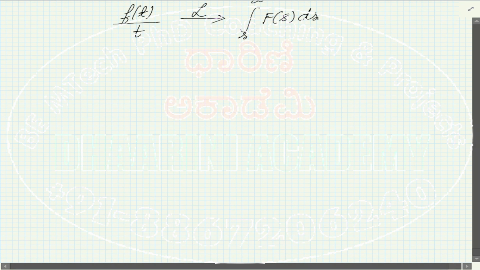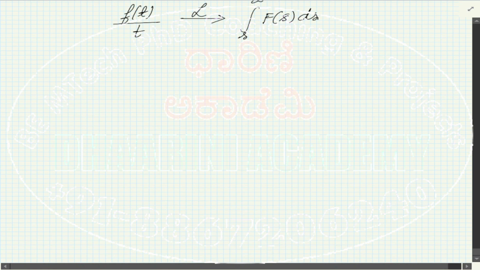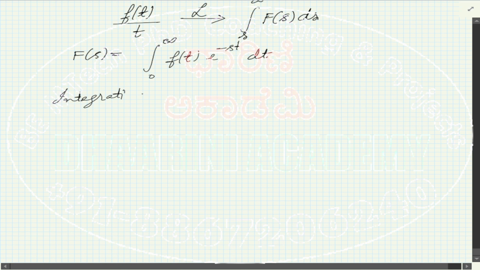Okay, so now let's start with the proof. We know that F of s is equal to integral 0 to infinity f of t e to the minus st dt, right? So now I integrate on both the sides, integrating both sides.